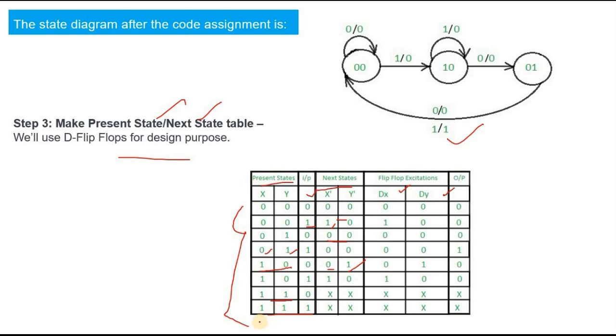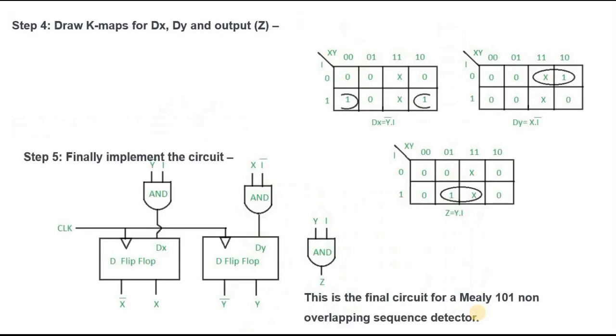So in both cases, the output is a don't care condition in the D flip-flop. Okay, these are the D flip-flop inputs. So in this case, first one is 0, dx and 1, 3 zeros and 1, and the final output is this. Based on the output, I have to find the expression for dx, dy and z.